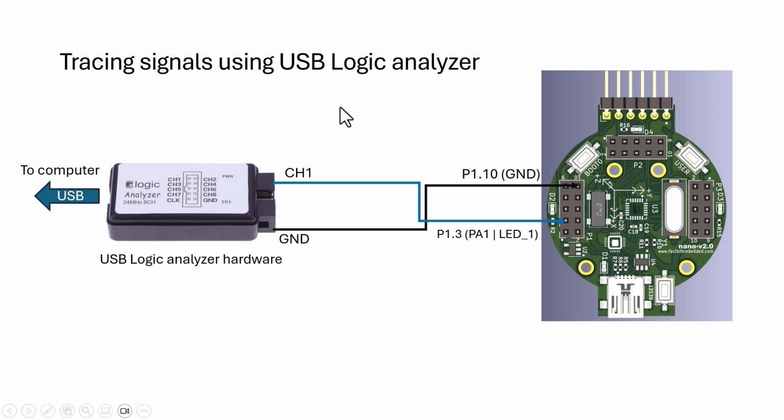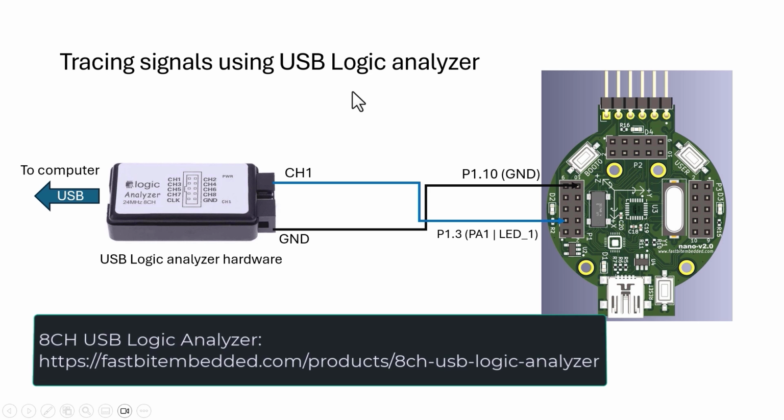A USB logic analyzer is a very handy and low cost device by using which you can trace the microcontroller pins' activities. It will be very helpful for us when we deal with more complex projects, like projects involving serial communications or parallel communications.